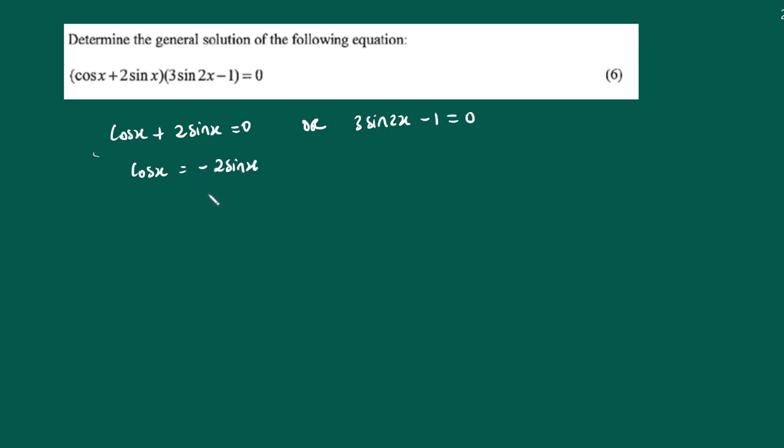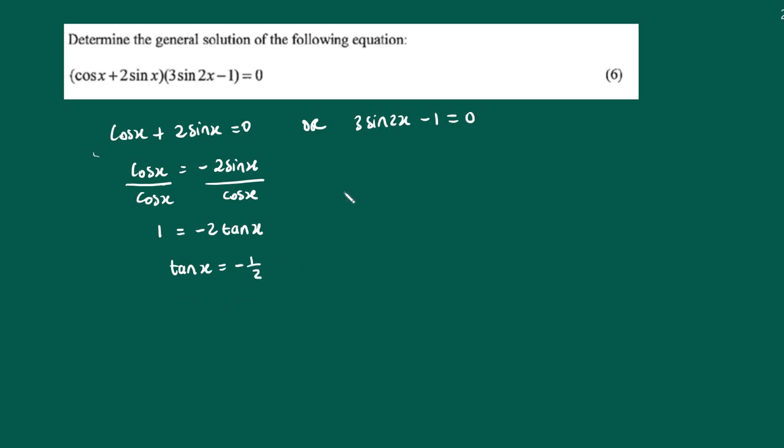Then you divide by cos x on both sides. Then you say 1 is equal to negative 2 tan x. Then tan x is negative 1 over 2.